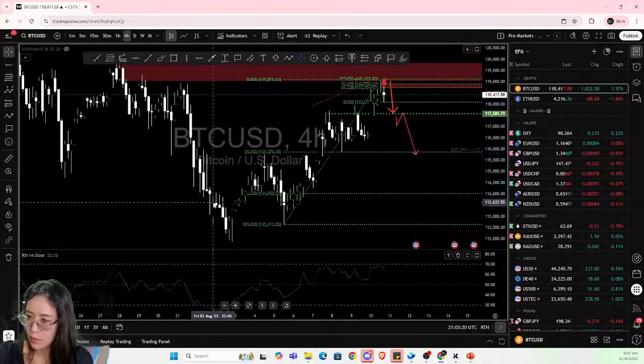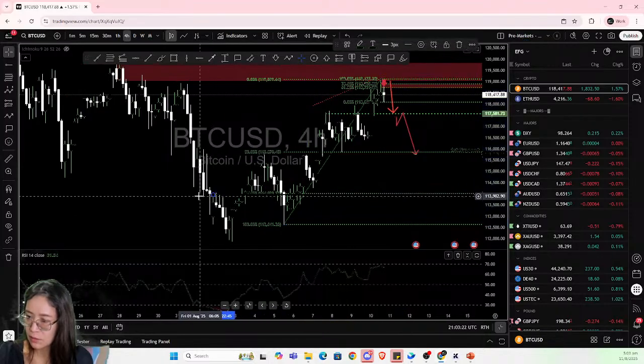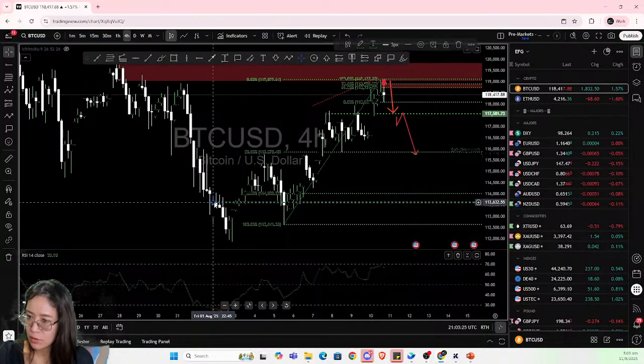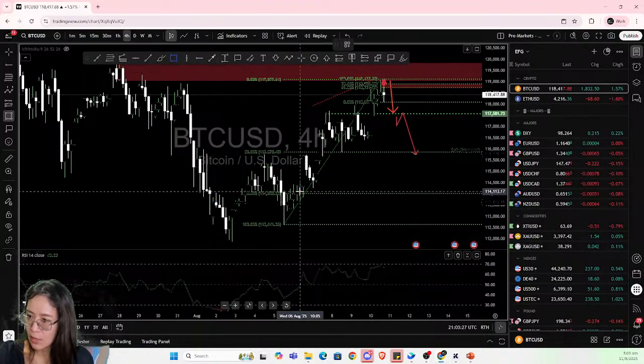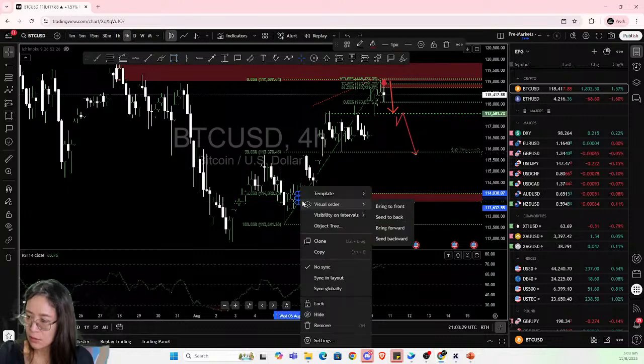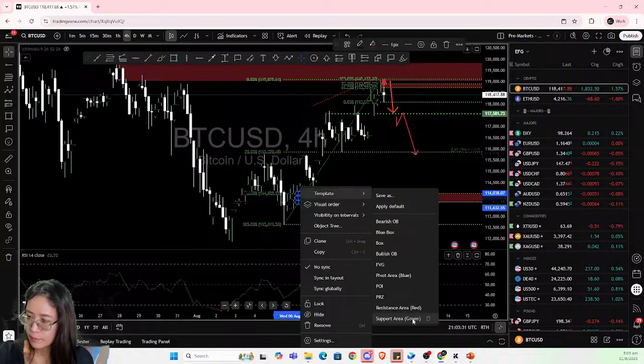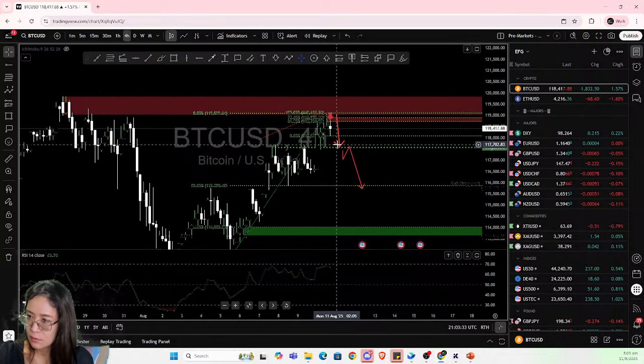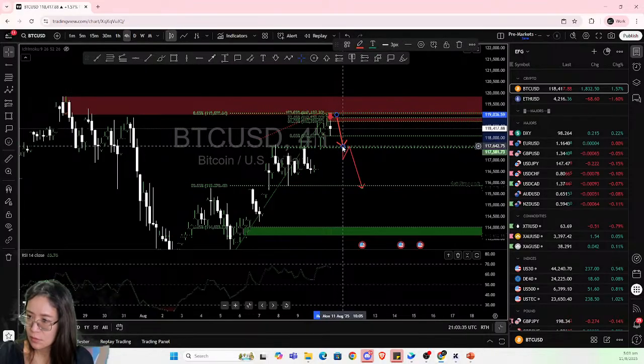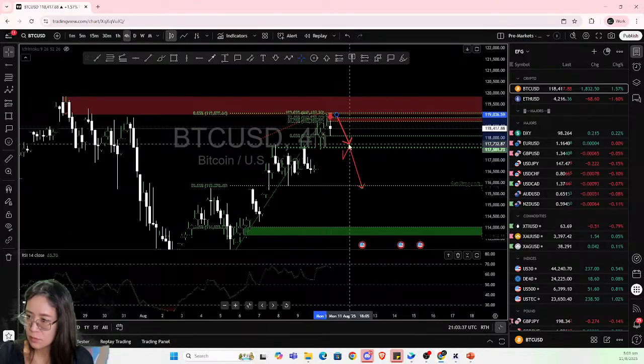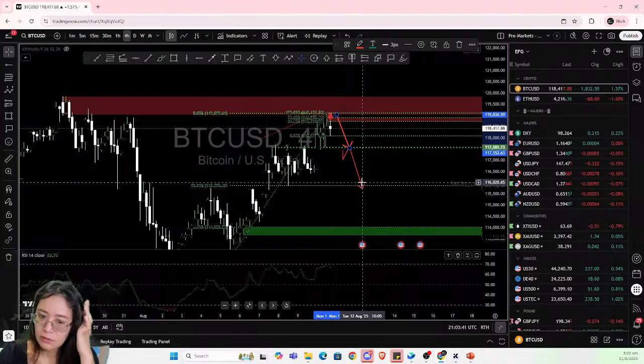And I draw at the body. If I draw the wick, it's gonna be exactly here. So draw here, and then if you want to highlight the zone, it's gonna be something like that. TP1, take profit 1, and TP2. If they break below, you can wait for a pullback and then you sell.